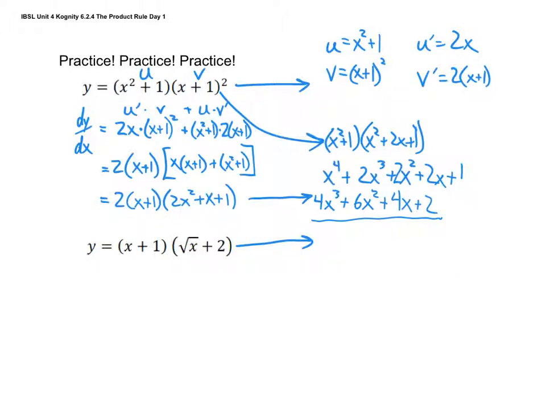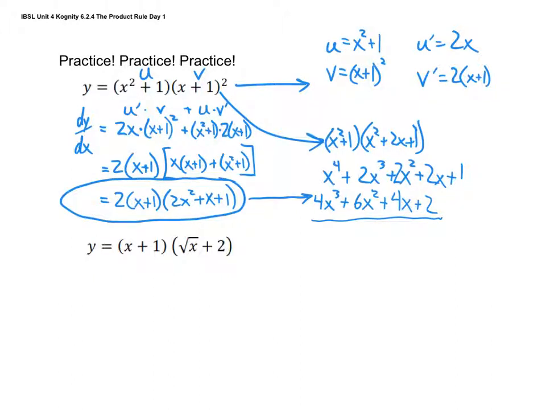So leaving it in a factored form, like we have over here, is going to be what we want. But this is just a little example of how the product rule is super useful. We don't have to FOIL things out. We can just figure it out, and then our final answer would be right here.